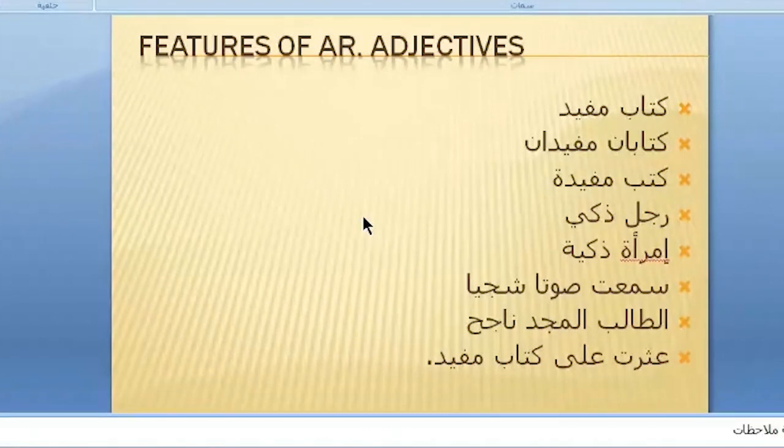What are these morphemes? They are الألف والنون. These two morphemes, alif and noon, refer to the dual system, نظام المثنى.